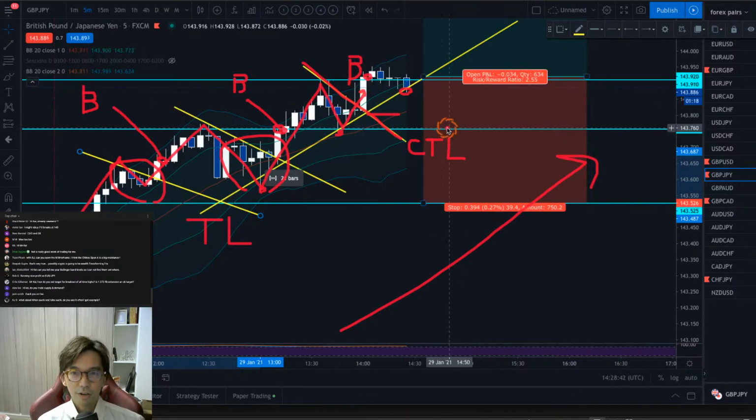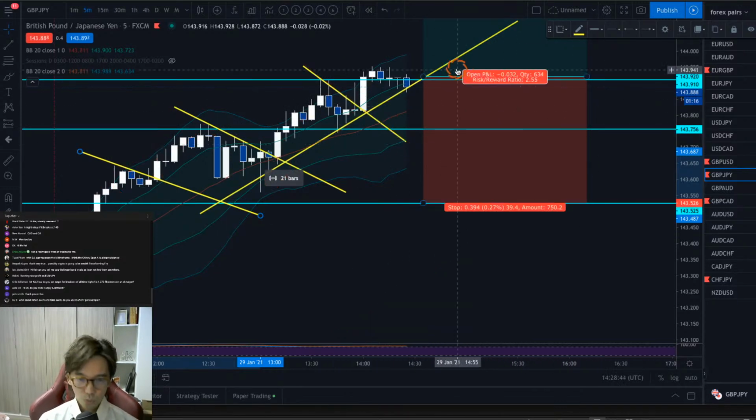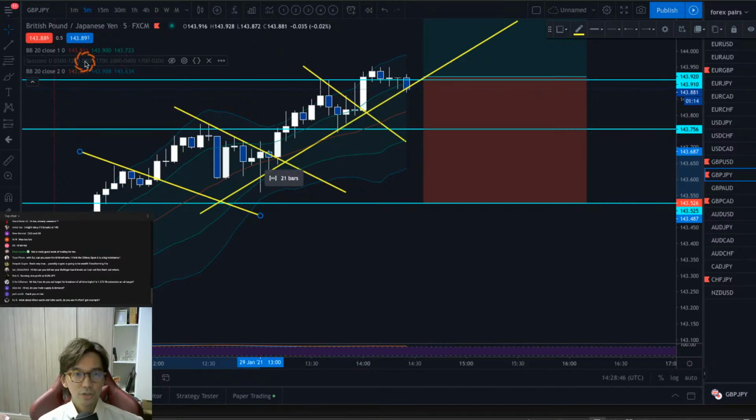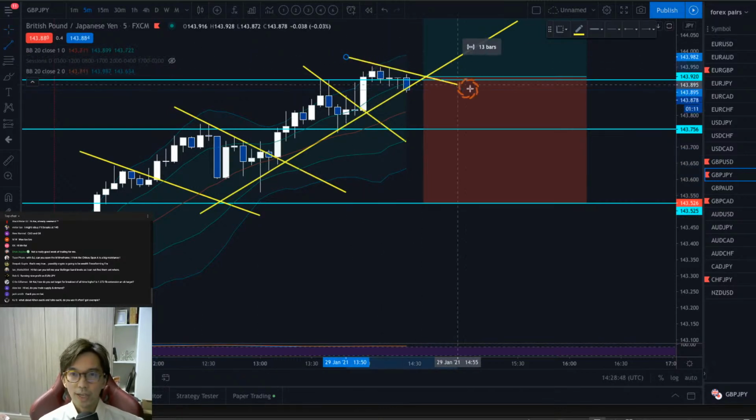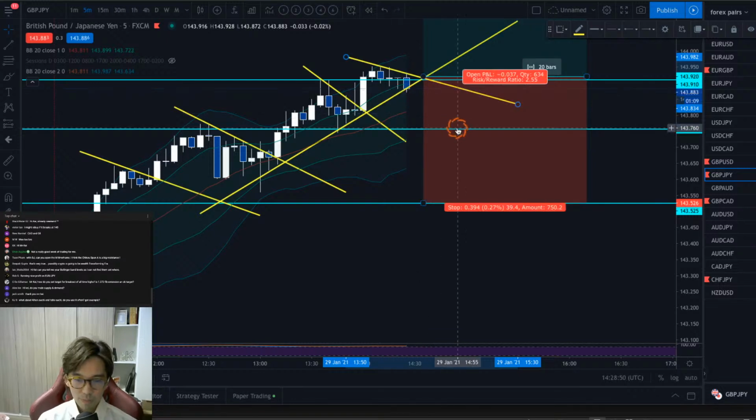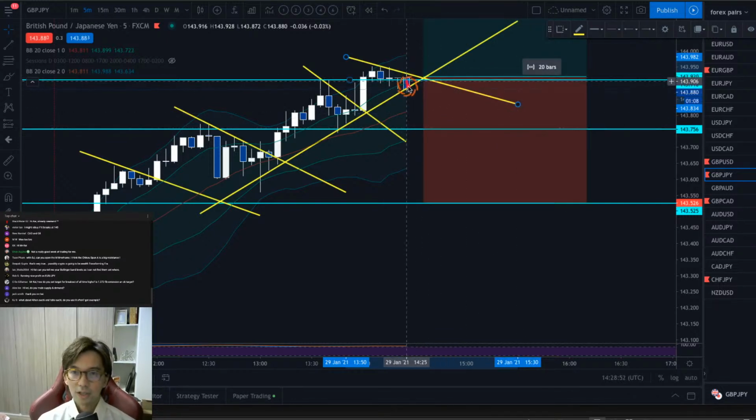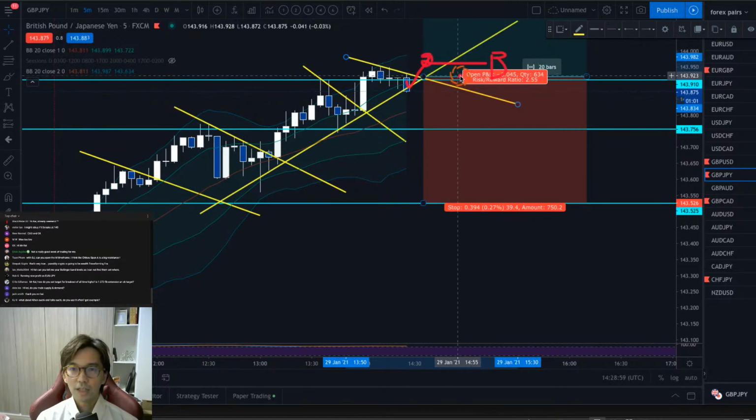Now there's a shallow retracement, so we can draw another Canna trend line already this way, and once it breaks upwards over here, that will be the next buy chance that I'm waiting for.